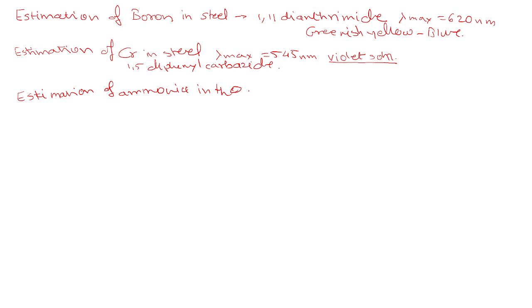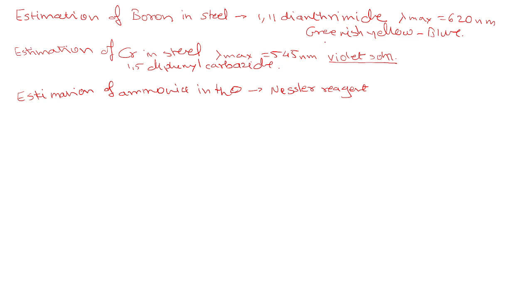So here Nessler reagent is used. I hope all of you know the Nessler reagent very well. You use the Nessler reagent in organic qualitative analysis for detection of ammonia.